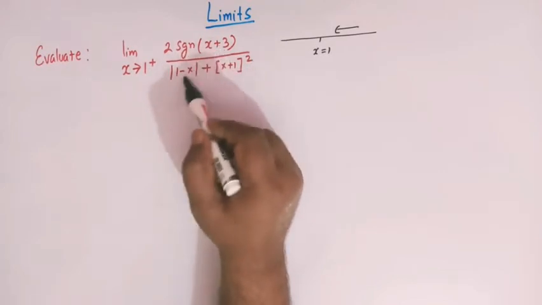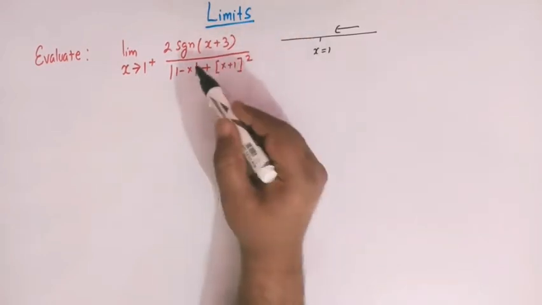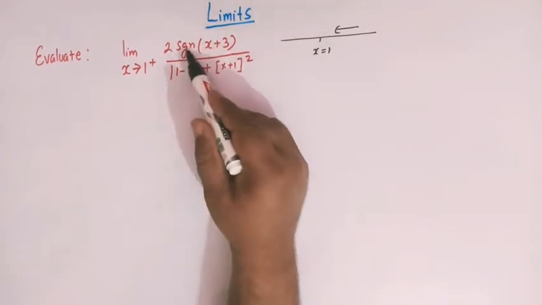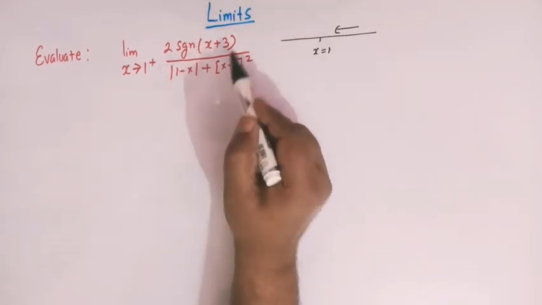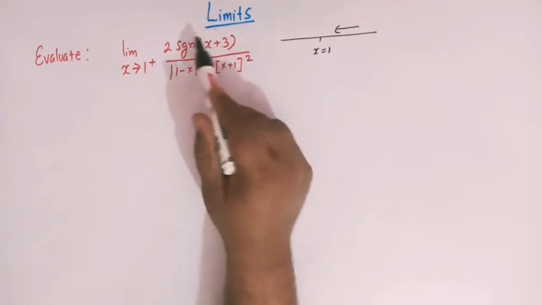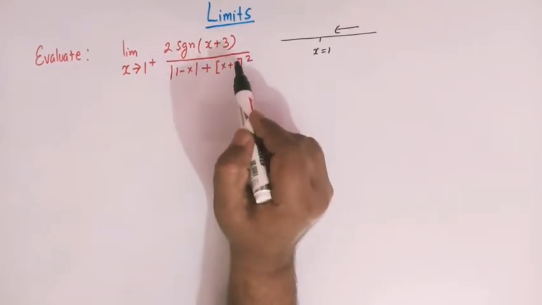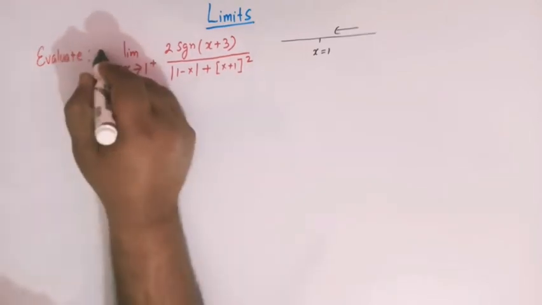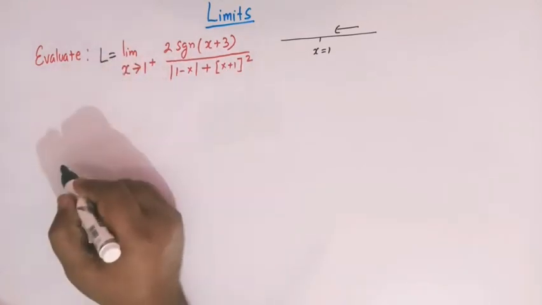So here we'll make use of the definitions of these three important functions while evaluating this limit, right? So let us start. Now let us first call this limit as L, right?